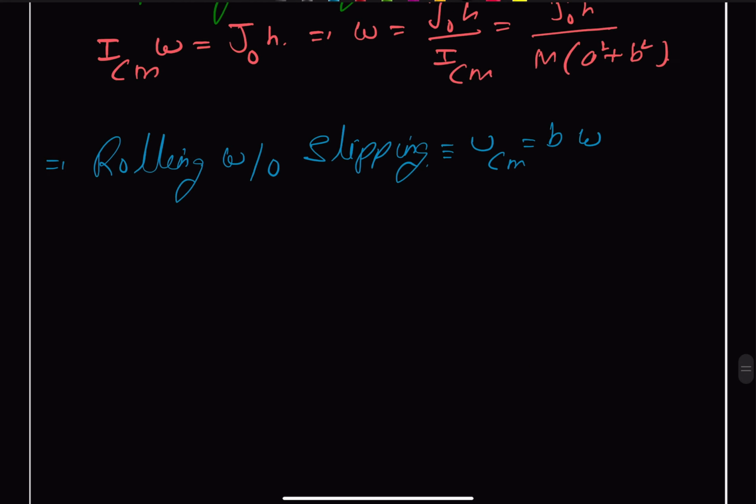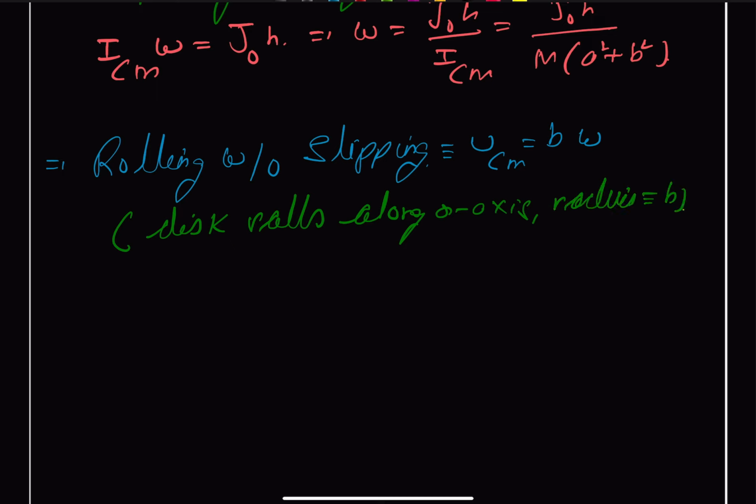So we can write that the disk rolls along x-axis and our radius is our b.